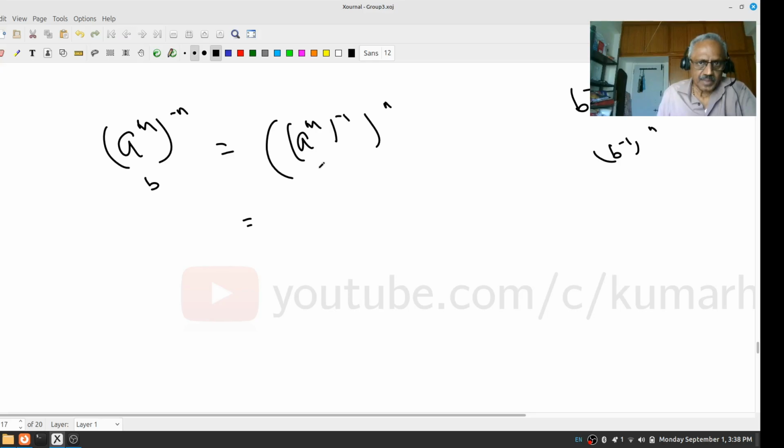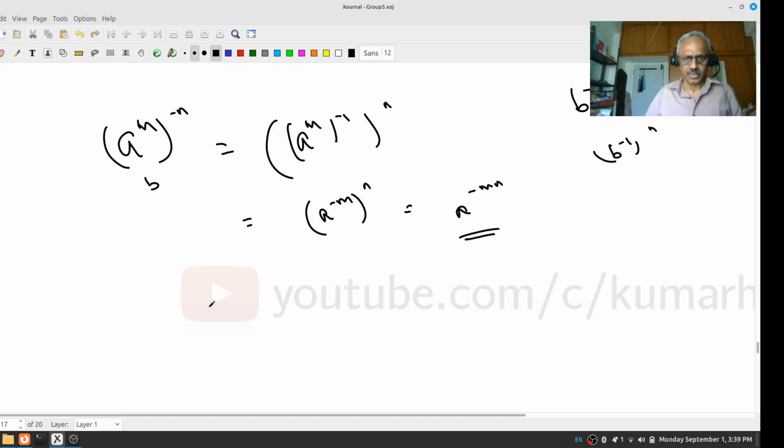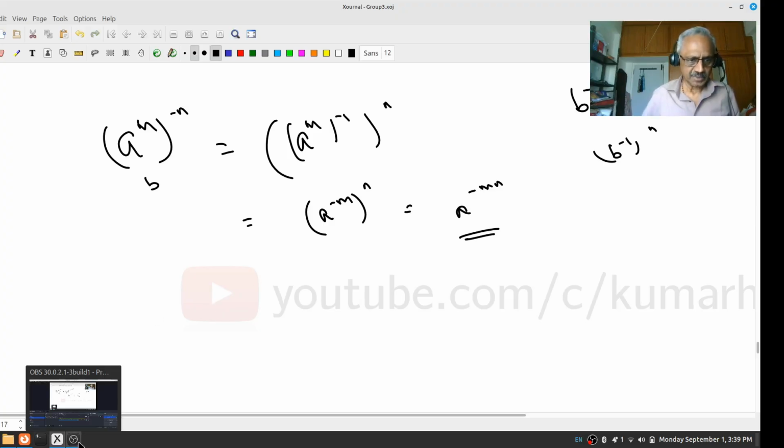But we have already seen a to the power m inverse is a to the power minus m, and the whole thing to the power n. By the previous case it is a to the power minus mn. So after struggling through various things, I think we have proved all the possible exponents.